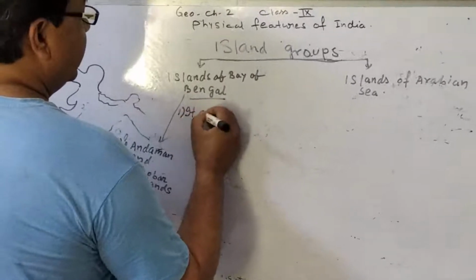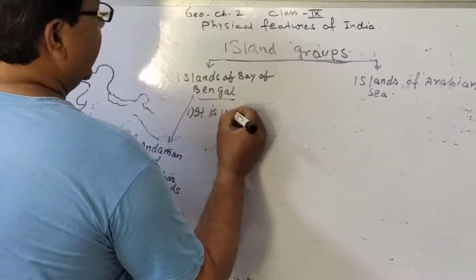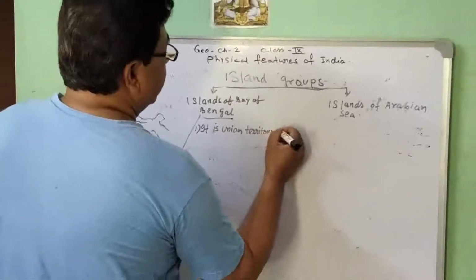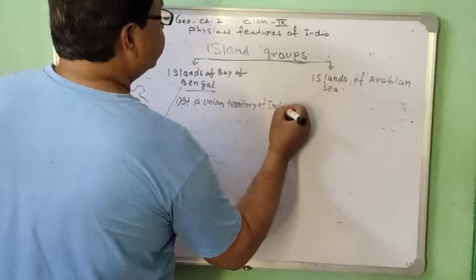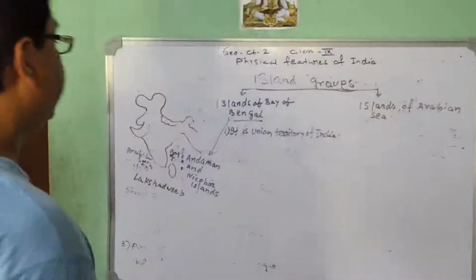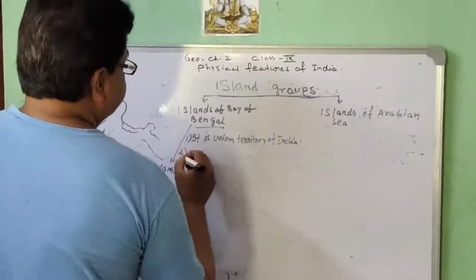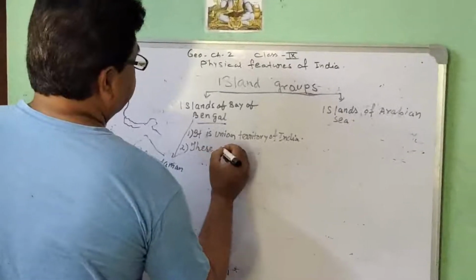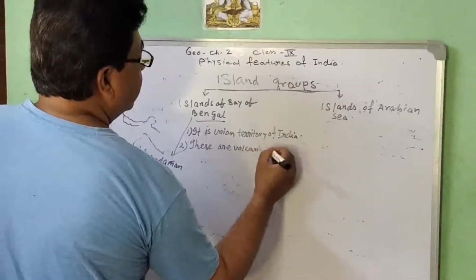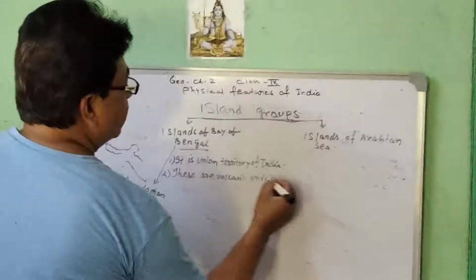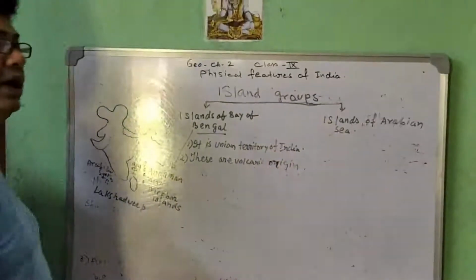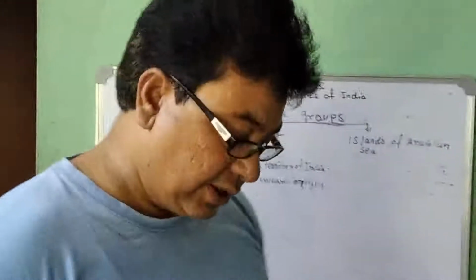It is a Union Territory of India. Number two, these are of volcanic origin. Mountains are made by volcanic eruption.